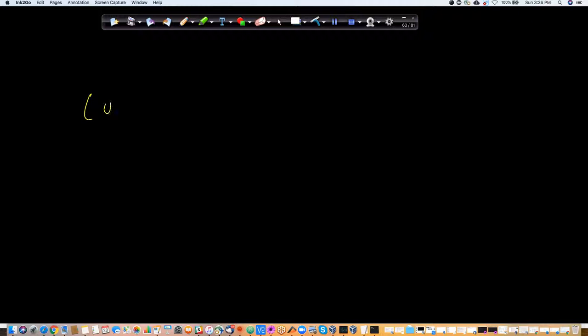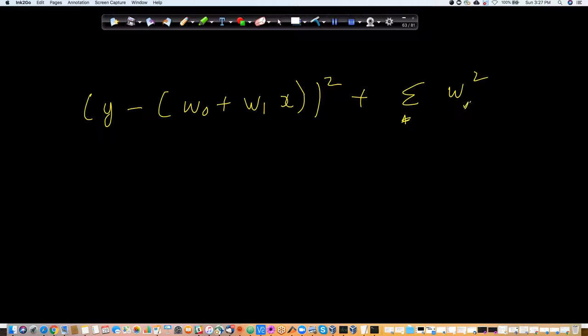So what we do in this case, we say that, okay, y minus w naught plus w1 x. So this is going to be the part, but what we are going to do is include another term which is going to be w square. Okay, so wi square.